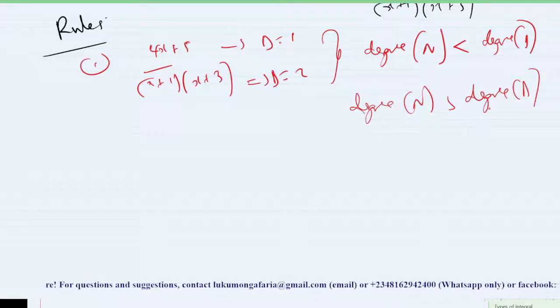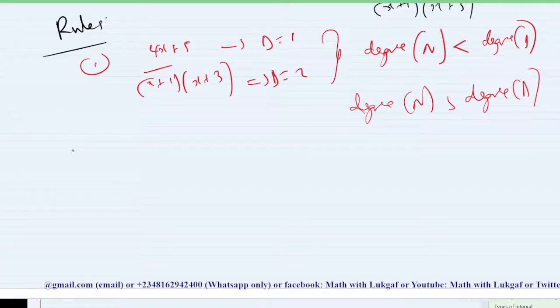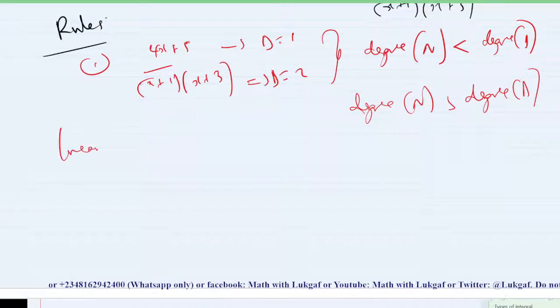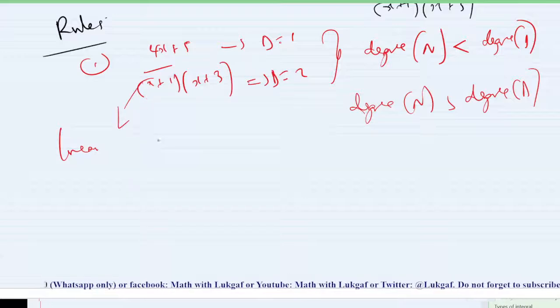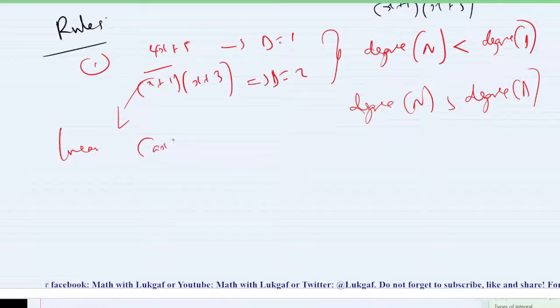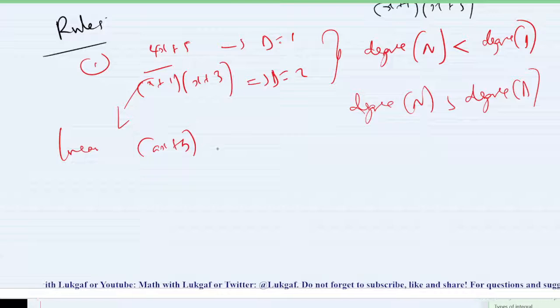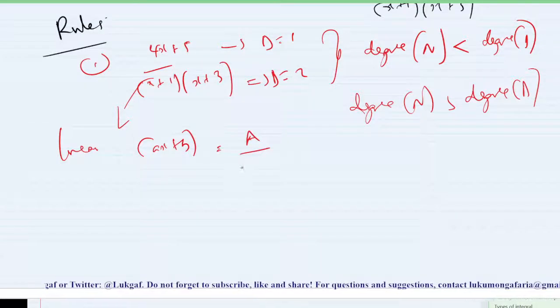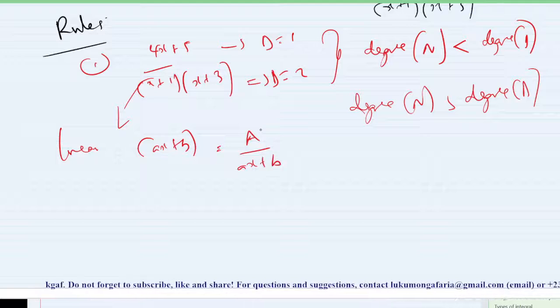After that, you have to factorize to their prime factors. For example, if you have a linear factor like this one I have here, ax plus b, then don't stress yourself, you are going to have A over ax plus b. That's the general partial fraction for that.